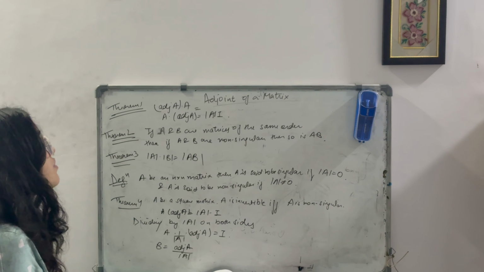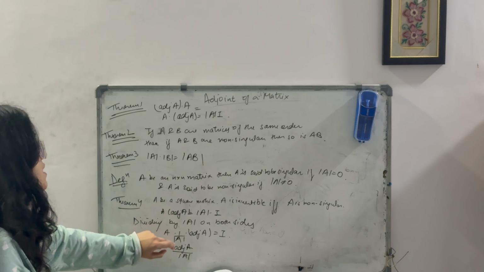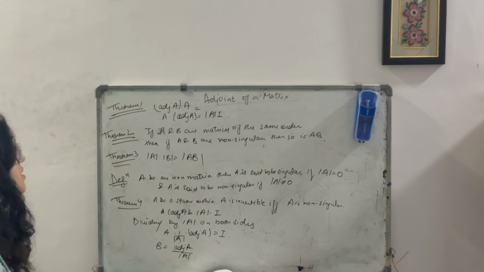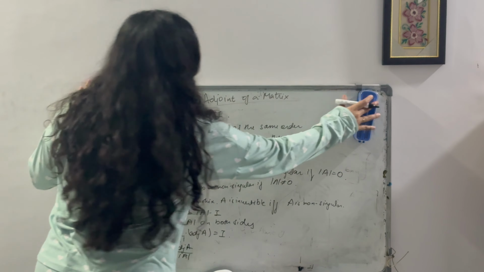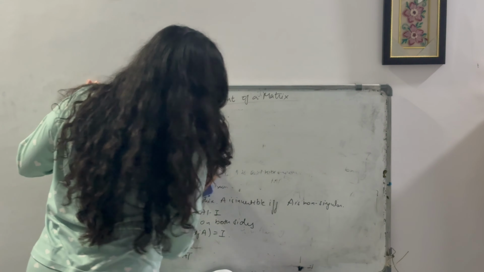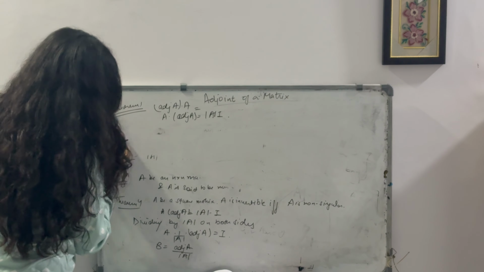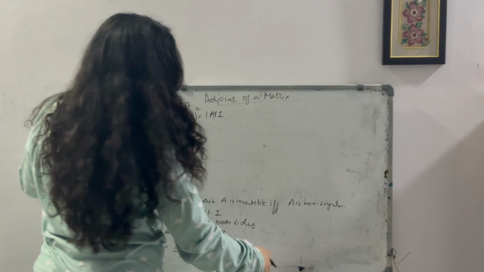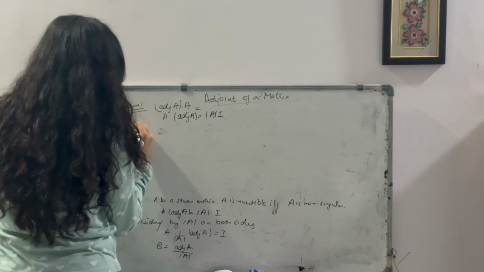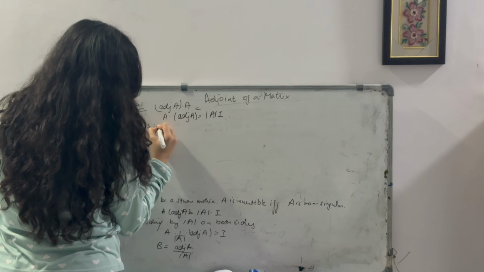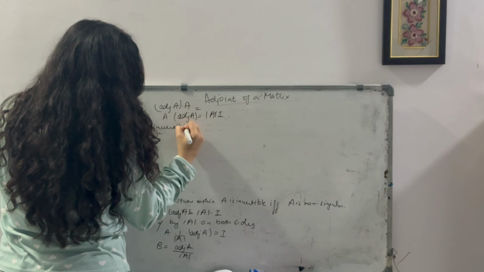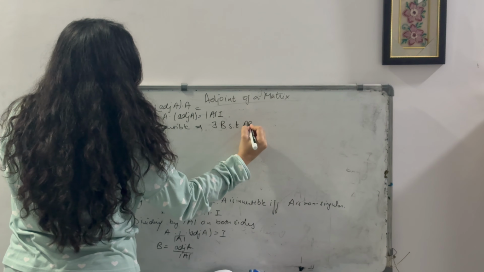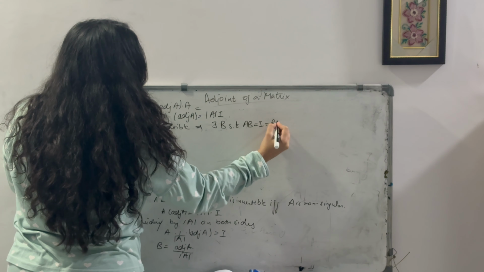And vice versa, if we are given that A is invertible, that means there exists a B such that A into B is equal to identity. So if A is invertible, this implies that there exists a B such that AB is equal to identity, which is equal to BA.